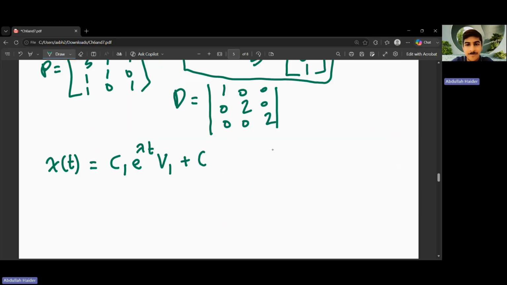Basically, in the general form, x of t is c_n e to the power lambda_n t v_n. It depends on how many eigenvalues and eigenvectors you have.